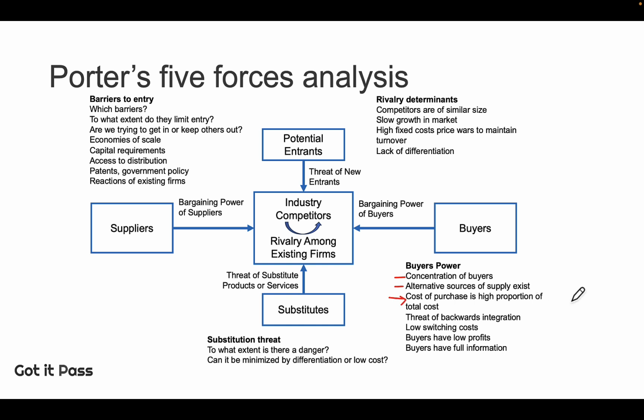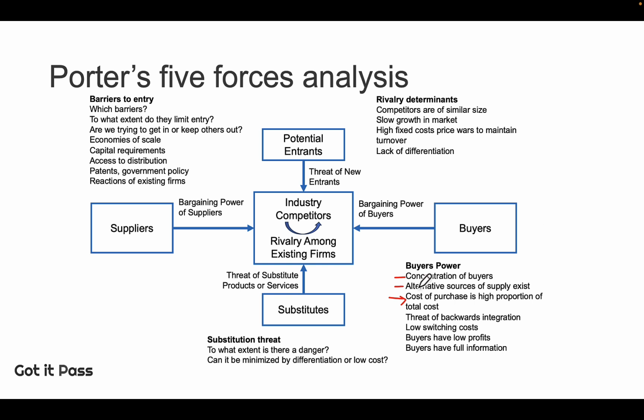Where a buyer's purchases are a high proportion of the supplier's total business, or represent a high proportion of total trade in that market, the buyer's power is considered to be high, because maybe only a few buyers can afford such a high proportion of total cost in the market. It's not easy for others to come in and fight with them.